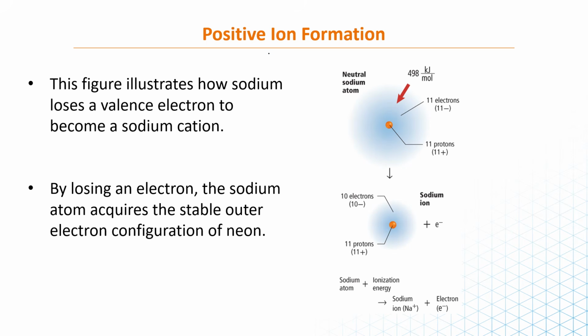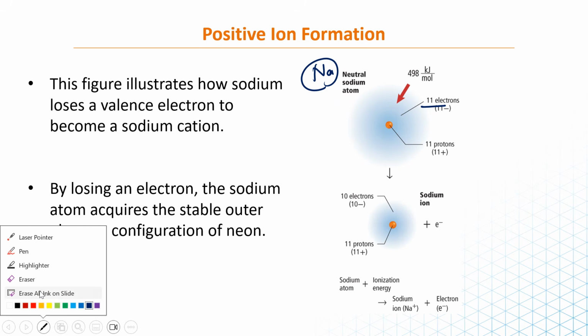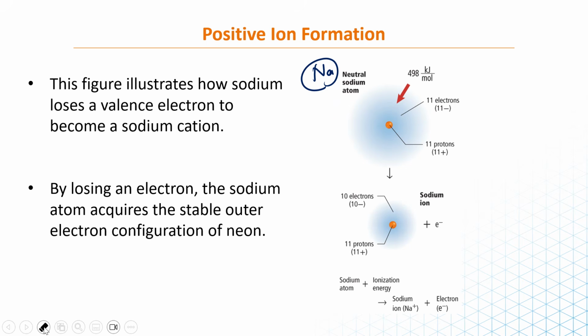So how is a positive ion formed? So look here, guys. This is Na, ذرة sodium, neutral, 11 electrons and 11 protons.